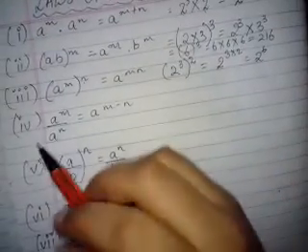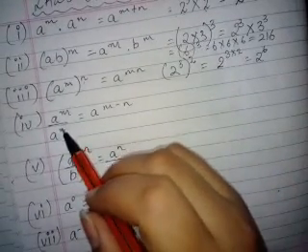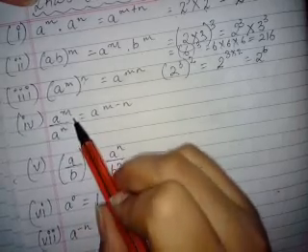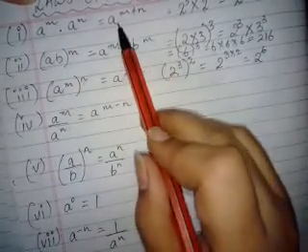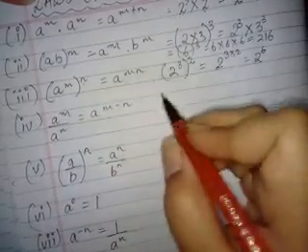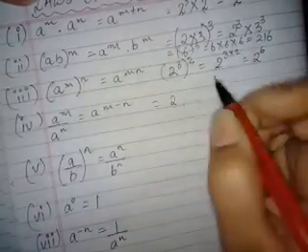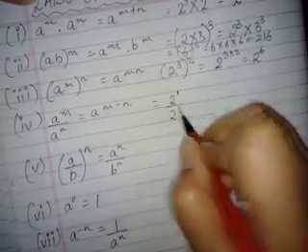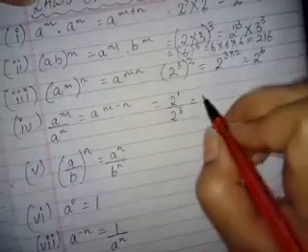Next, the fourth one, you have a raised to the power m divided by a raised to the power n. In multiplication we add the exponents, but in division we subtract the exponents. For example, 2 to the power 1 upon 2 to the power 3. What will you do?